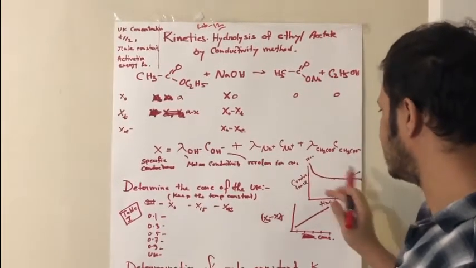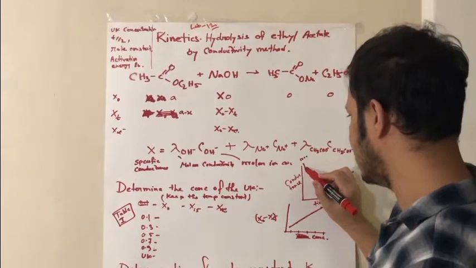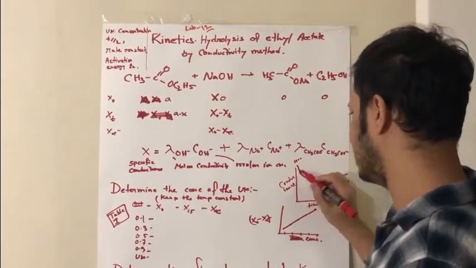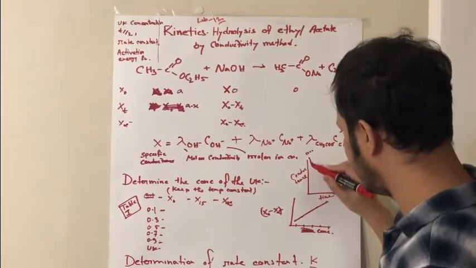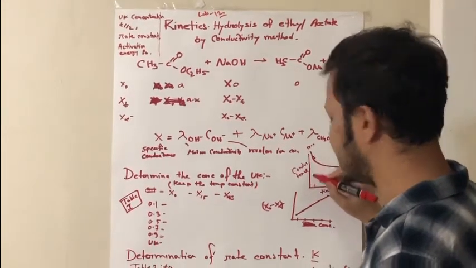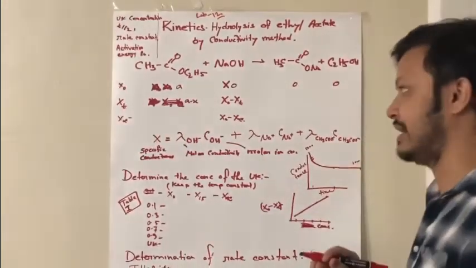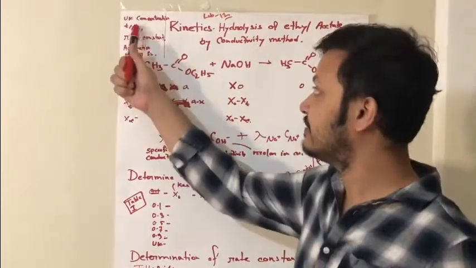The difference is 3000, and halfway will be around 3500. The time needed to go to that point, here it can be 5 minutes, 10 minutes, whatever, is the half lifetime of the reaction. With the help of this we will try to find out the half lifetime of the reaction.